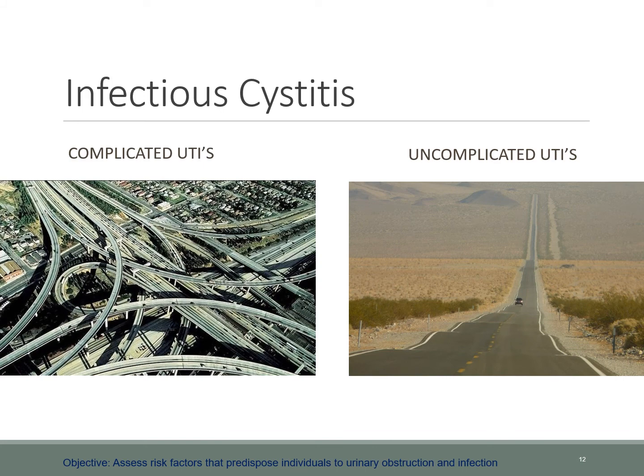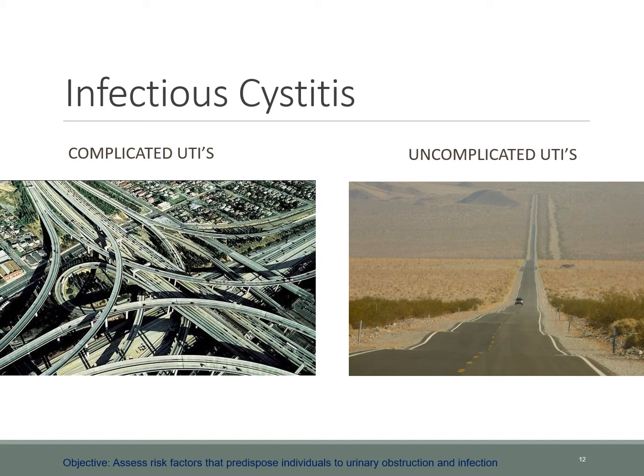Specifically talking about infectious cystitis, I want us to think of two types: the complicated and the uncomplicated. Well, what goes in the uncomplicated UTIs? Good question. We are going to classify UTIs as uncomplicated if maybe the patient is just premenopausal, a non-pregnant female, or just sexually active and comes in for a UTI.